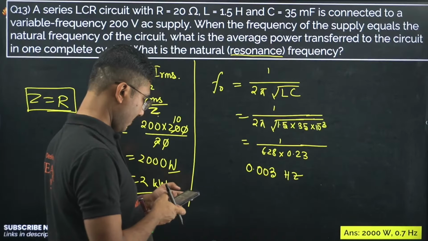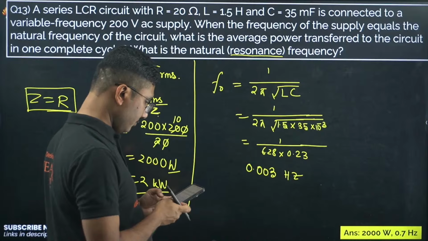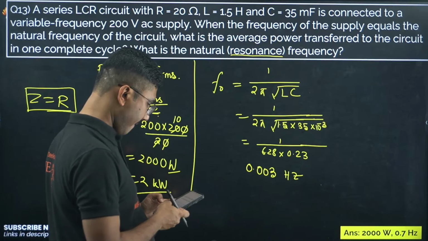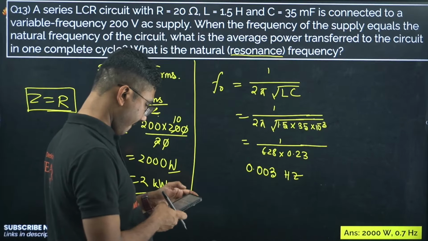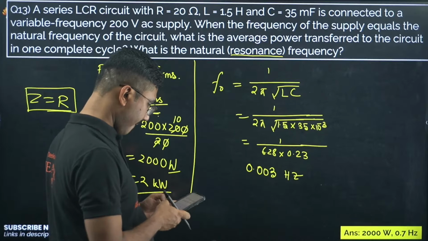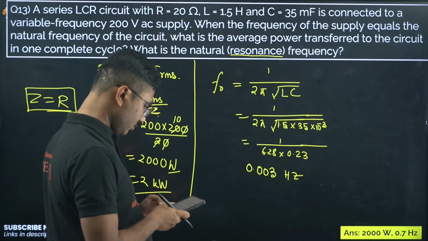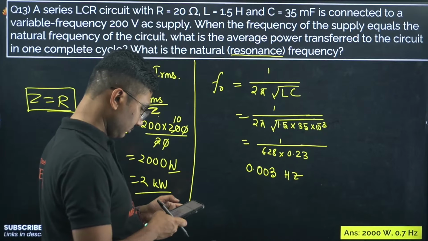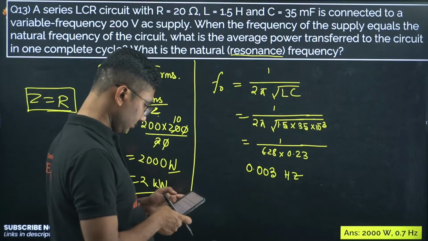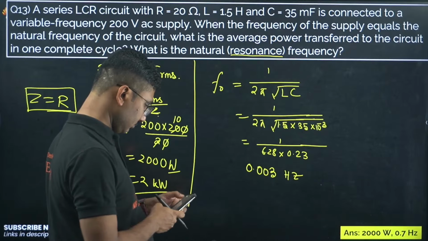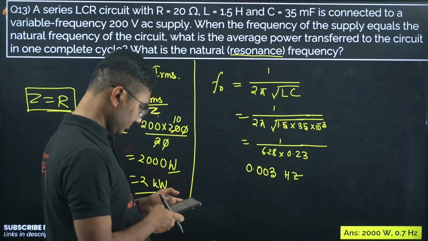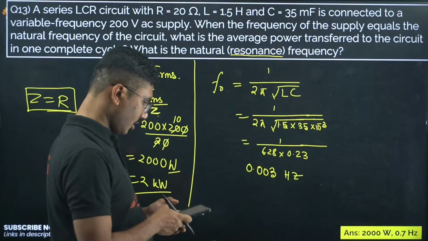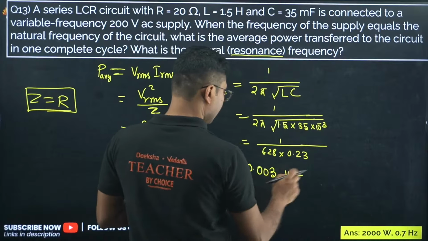Now it will be 1 divided by this value. It will come out around, not, this is not correct.